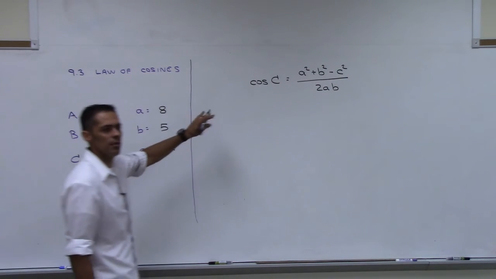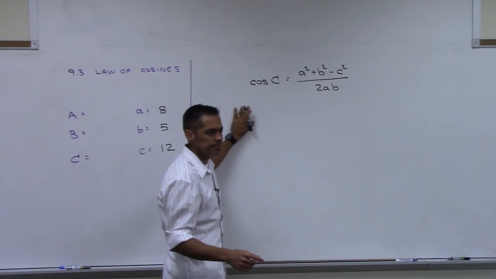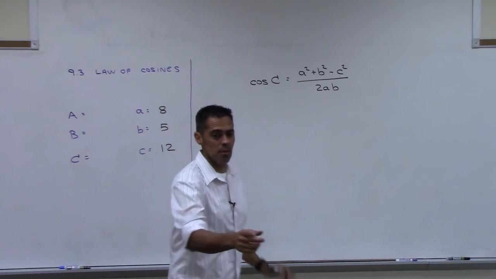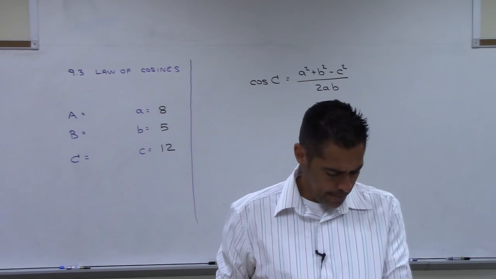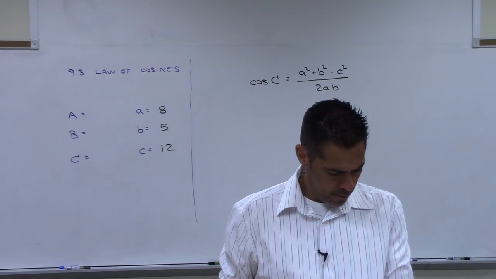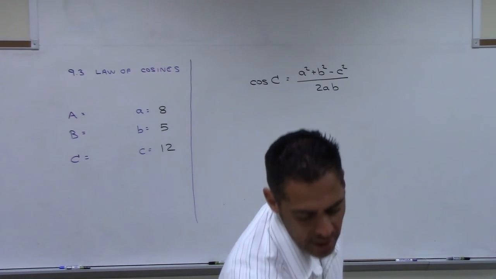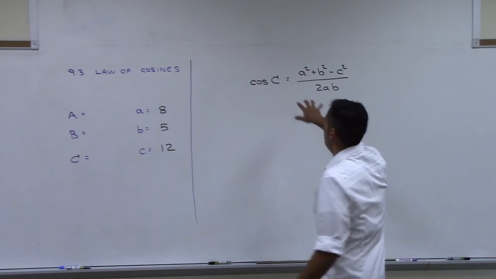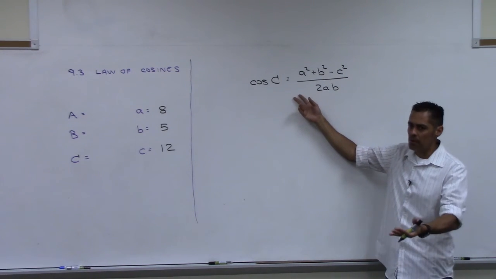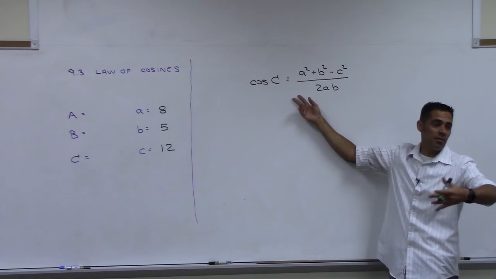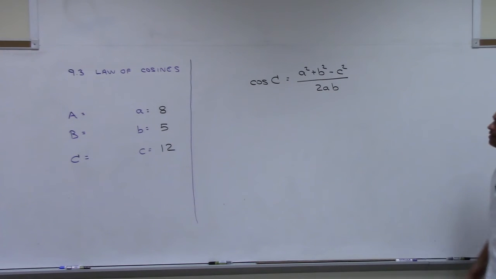Does anyone have the formula sheets? You should be familiar with what it has and what it doesn't have. It gives you the three versions of the law of cosines, but it does not solve them this way. At least the formula sheets that I provide for you, and those are the ones used in calculus. So you want to get used to what you're going to have and not have.